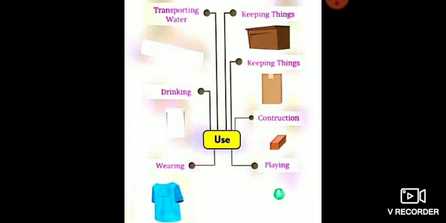Here table is there. It is useful for keeping various things in the offices, in our homes, etc. So in this way, table is useful for keeping things and bag is useful for again keeping things and transporting them from one place to another place.